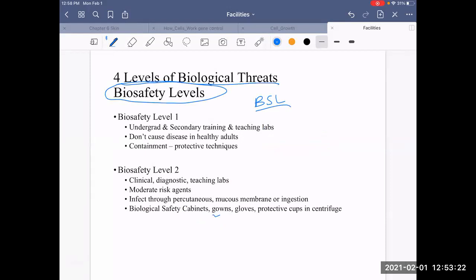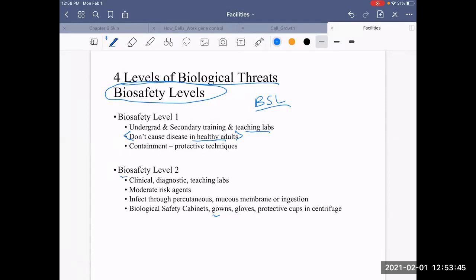So undergraduate, secondary training, and teaching labs. The organisms that we work with do not cause disease in healthy adults. The way that we control it is that we contain it. So we do bleaching everything, autoclaving, making sure there's hand washing, safety glasses.